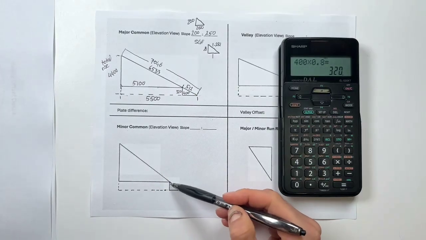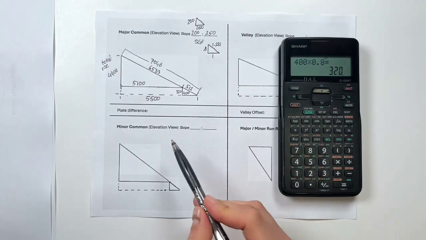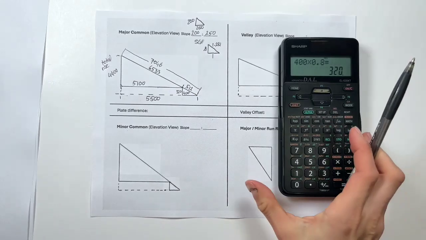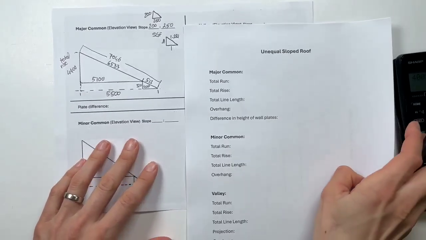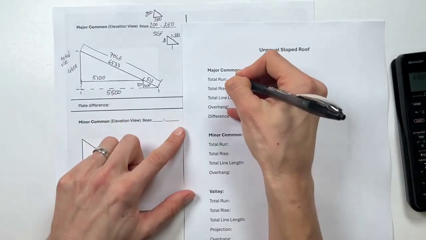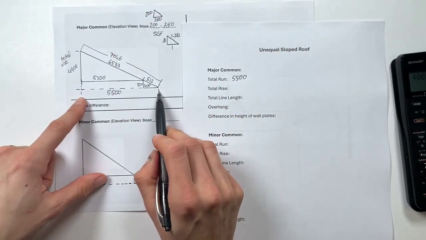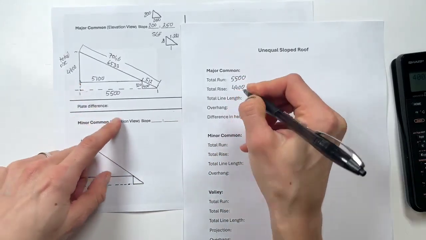So what that means is from our plates to the bottom of the fascia is 320. The number here for our minor common is going to be different, and the difference between the two of those is going to be the difference in our plate height. I think we've got all these figured out for the major commons, so let's have a look. Total run, 5,500. Remember, unequal roof, it's the only one where you're including the tail or the projection as well. Total rise, 4,400.